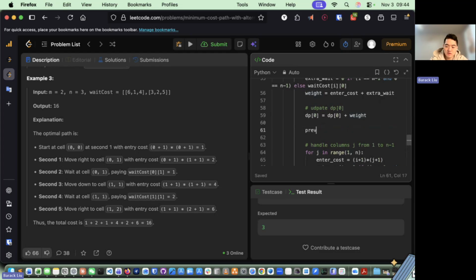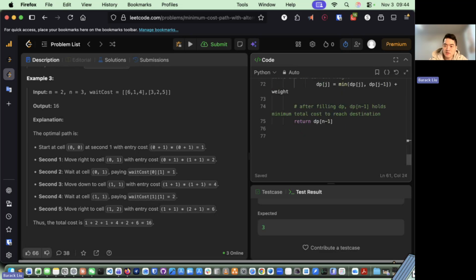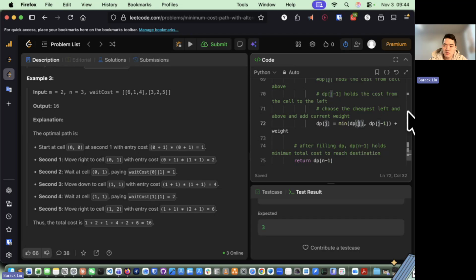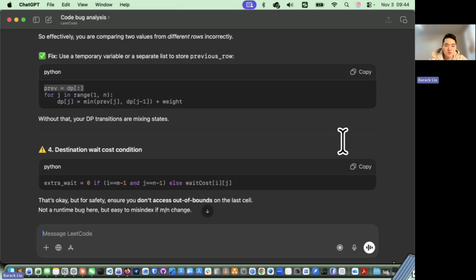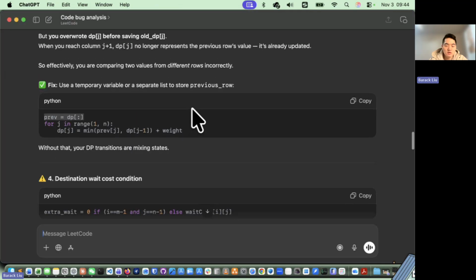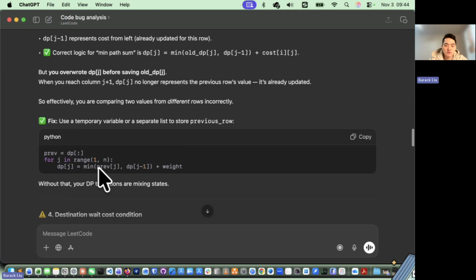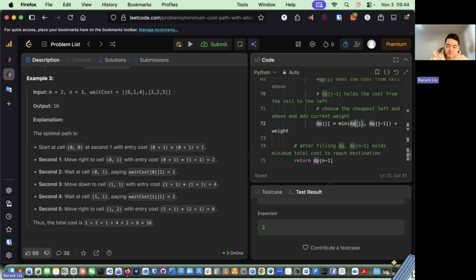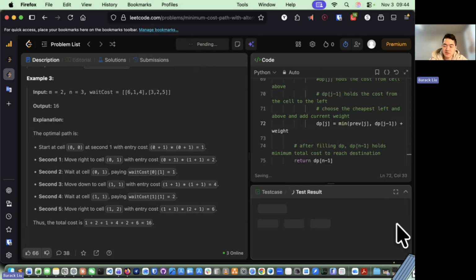So here it defines a previous dynamic. And here, instead of minimum dp[j], it uses previous j. Not sure whether this works, but let's see.